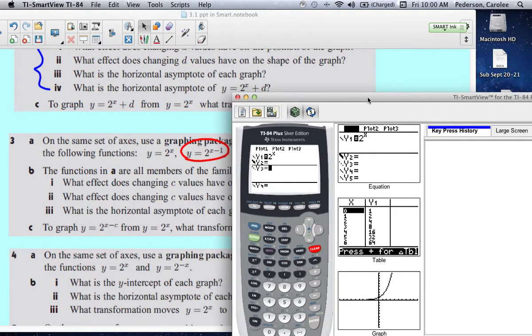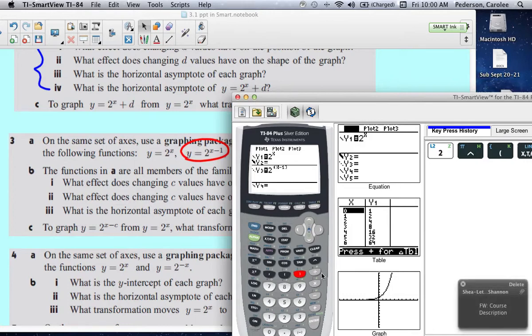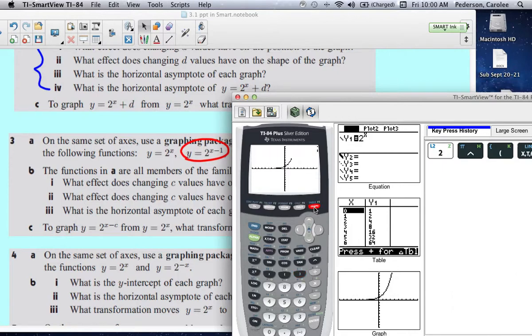So we're doing 2 raised to the x minus 1. You might want to throw parentheses there. Just graph that one.